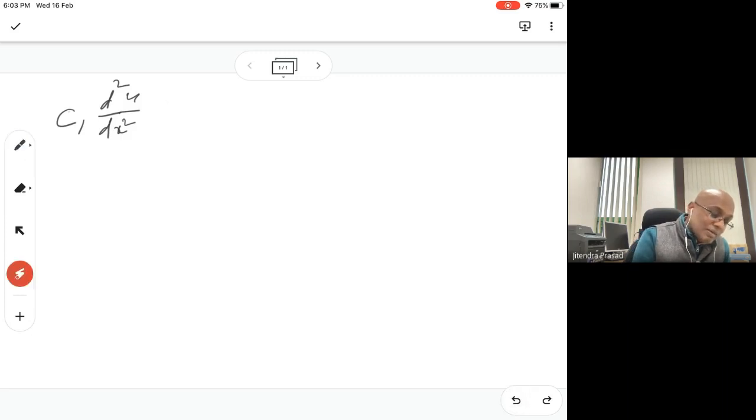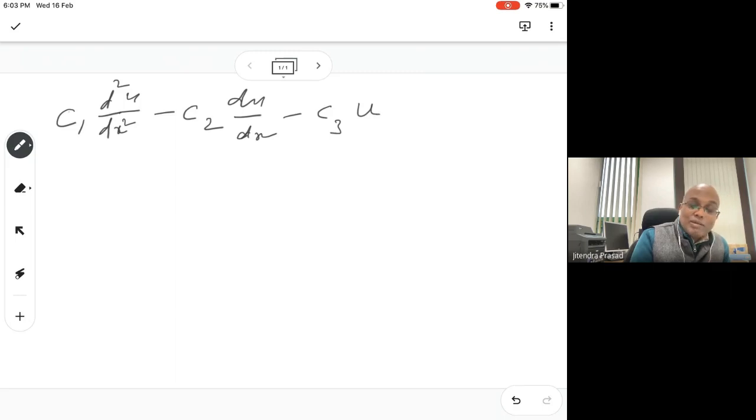It has the double derivative. It can also have a single derivative, minus C2 du over dx. Minus C3 u, plus C4.